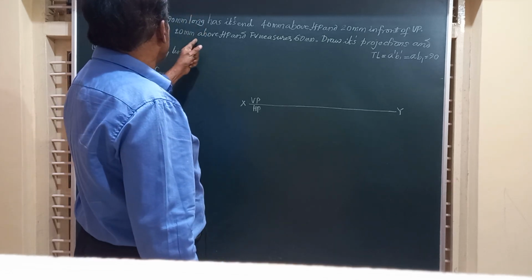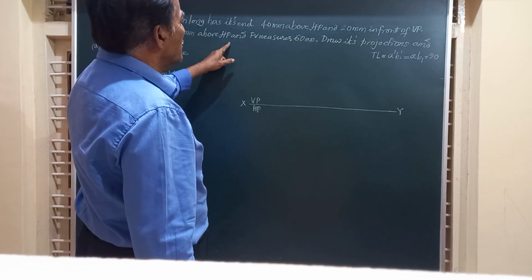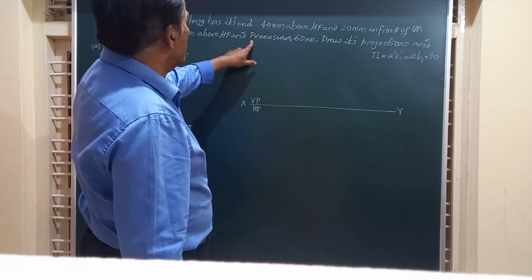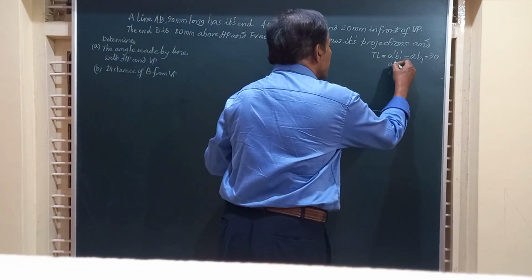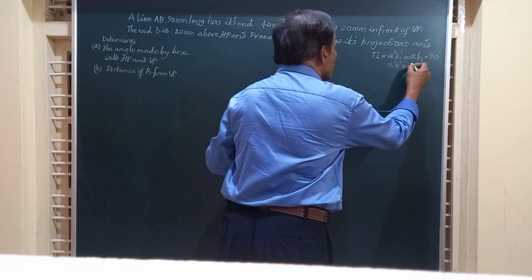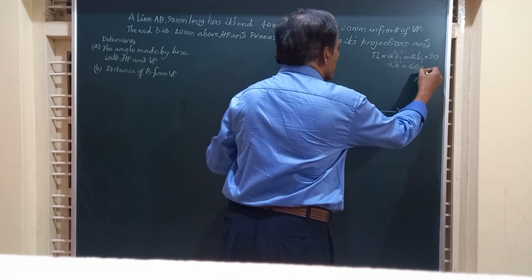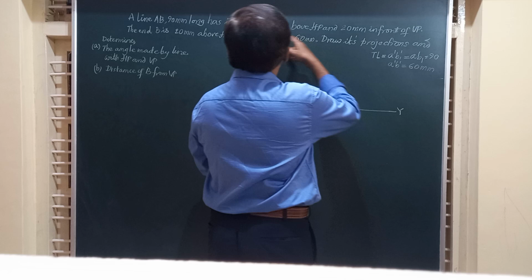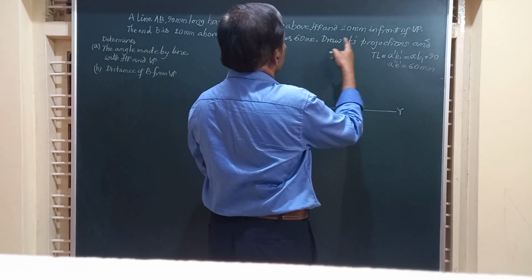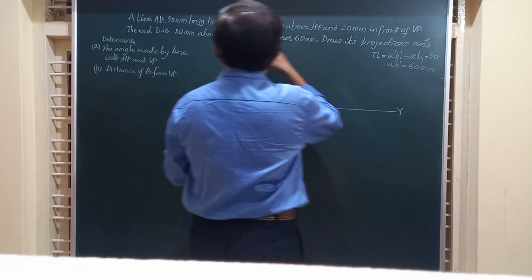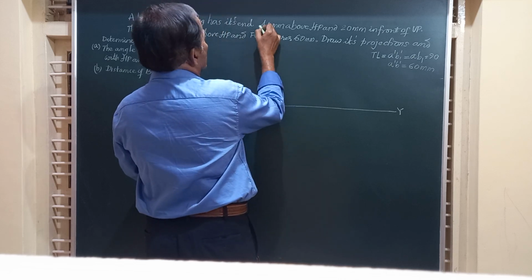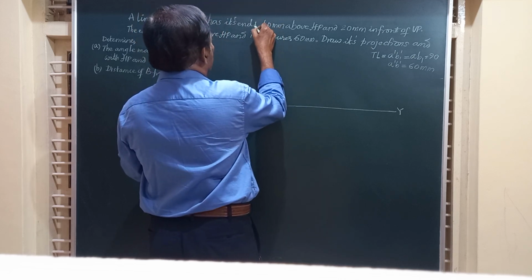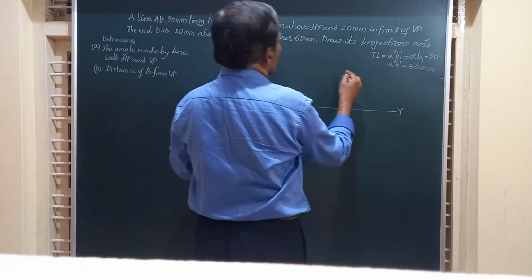The end B is 20 above HP, and the front view measures 60. Front view is A dash B dash, that is equal to 60. And also we are given the distance of the end A. End A is 40 above HP.